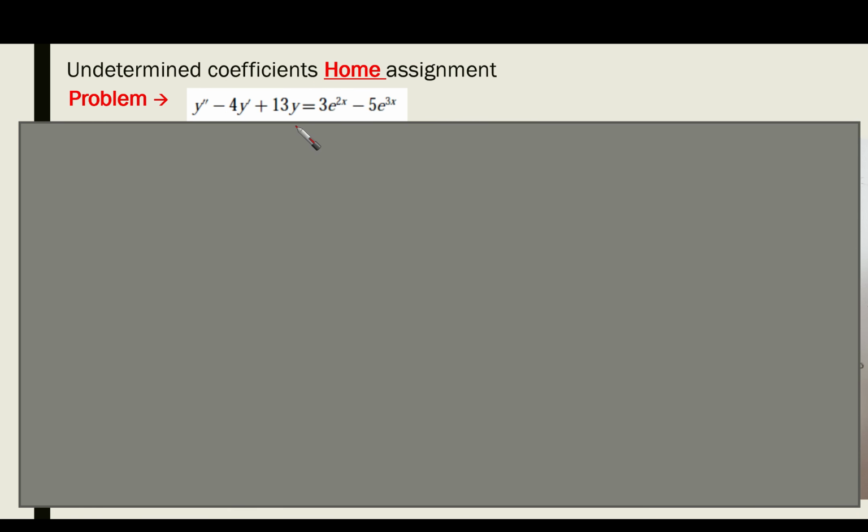And the second is y double prime minus 4y prime plus 13y equals 3e to the x minus 5 to 3x. You also may need to use the table. Okay, these are the two homeworks that you need to submit.